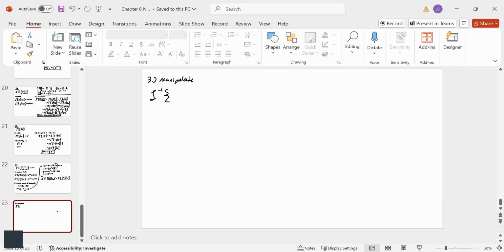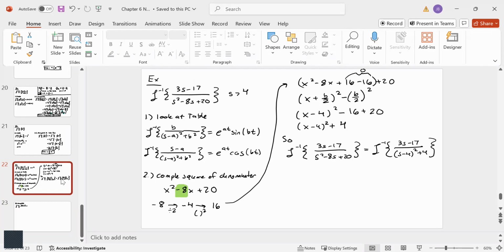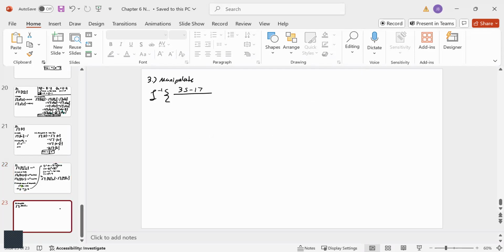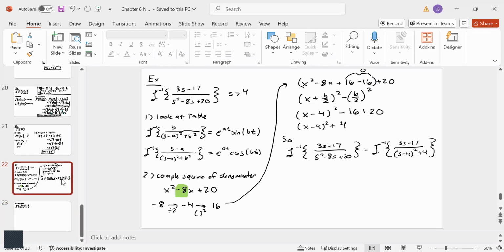So we're going to do 3s minus 17 over. The problem with these types that a lot of students struggle with is you're not doing this problem in a vacuum, meaning one step follows the next. You also have to think ahead, right? We know that cosine is s minus a.